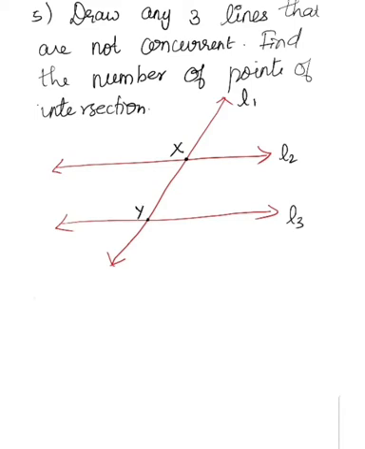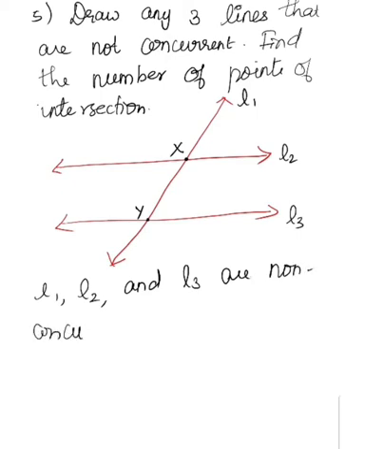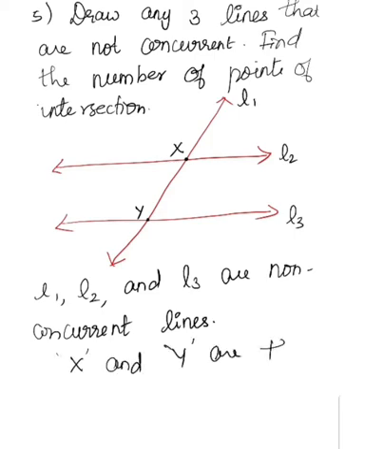So how will you write this? L1, L2 and L3 are non-concurrent lines. X and Y are the points of intersection.